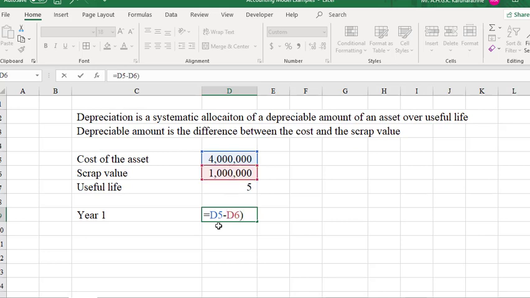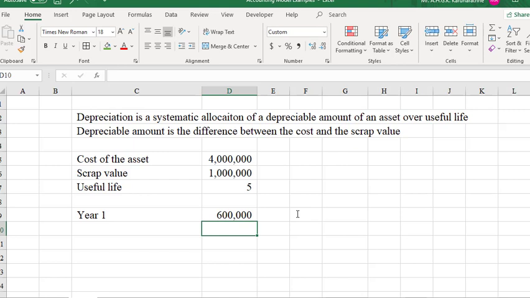Sometimes you may compute it like this, which is the very worst case scenario: 4 million minus 1 million is 3 million, divided by 5, so the annual depreciation is 600,000.